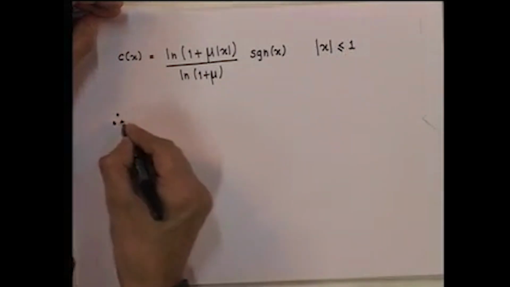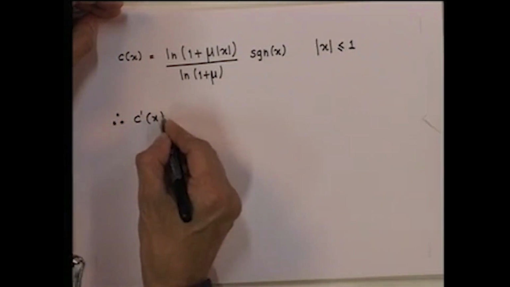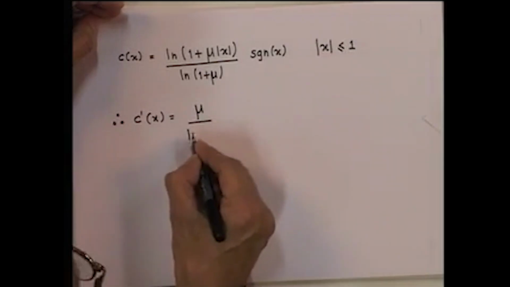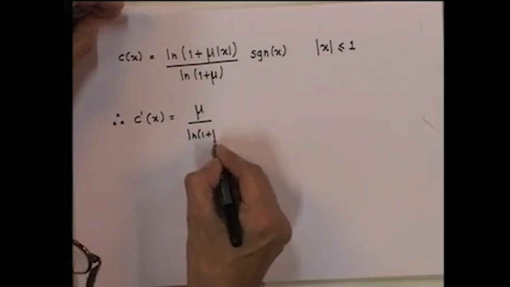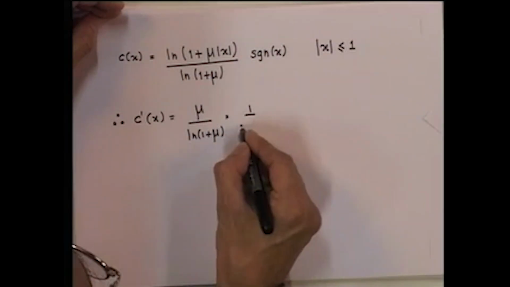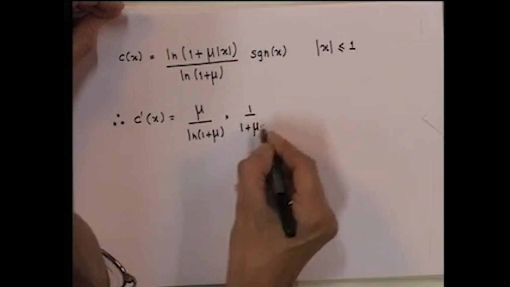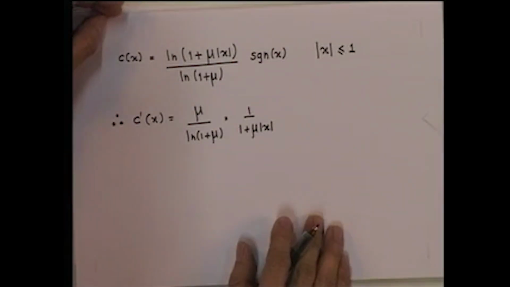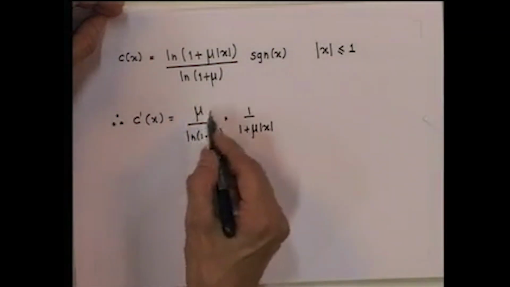And therefore, c dash x is equal to mu by log of 1 plus mu, times 1 by 1 plus mu times mod x. The parameter mu is a large number.